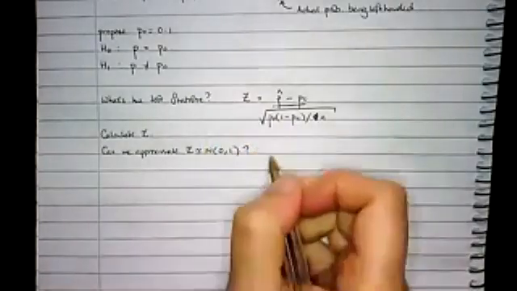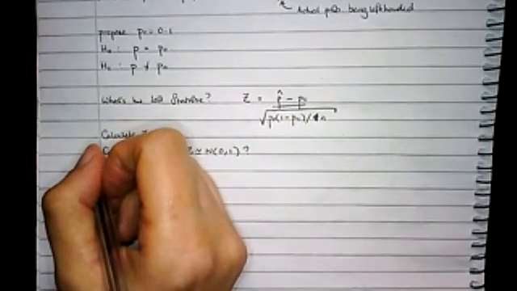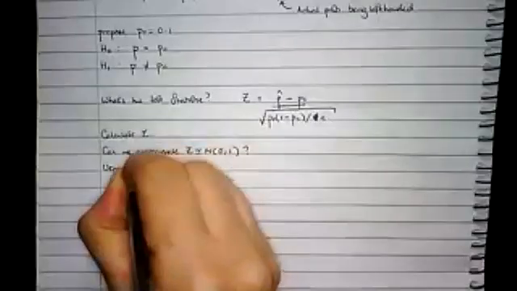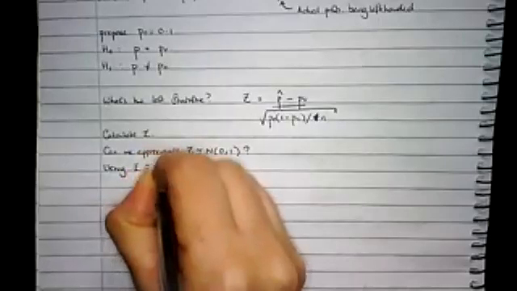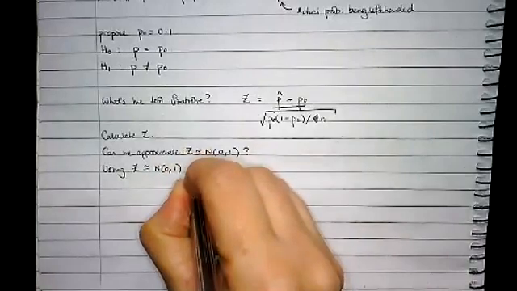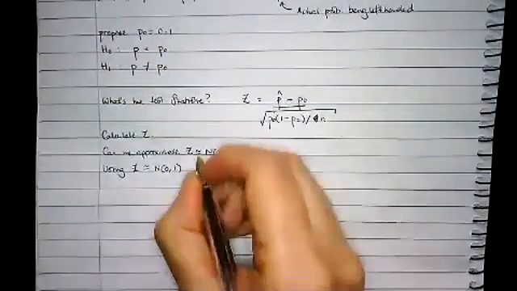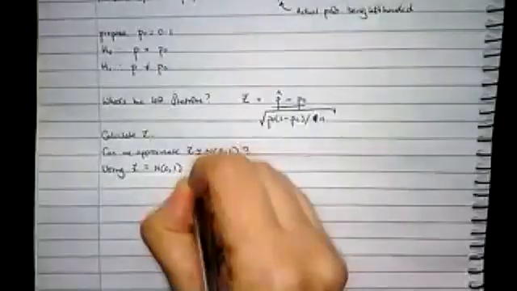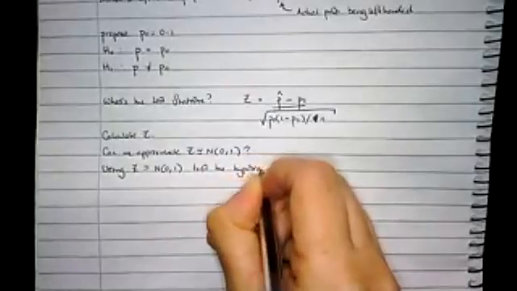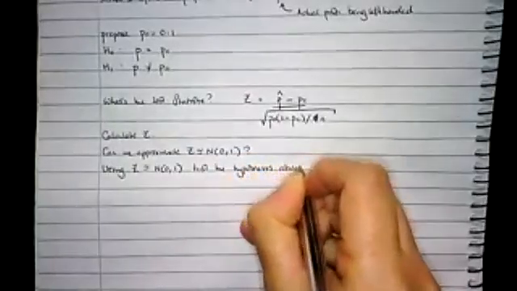If you can't remember how to do this one, just jump on to the next thing I'm going to ask, and then, using the fact that Z is approximately distributed normal 0, 1, draw a conclusion about whether or not you can reject H0. So those are the 3 things I want you to look at.